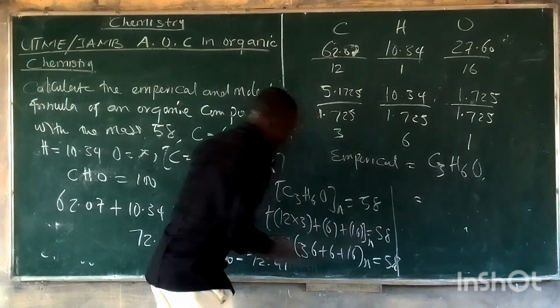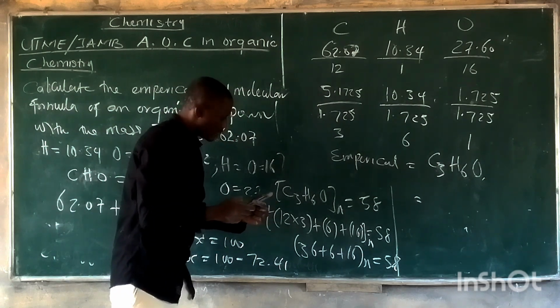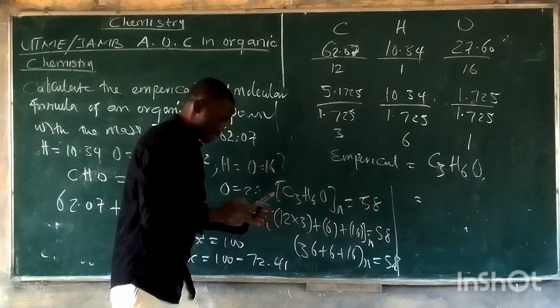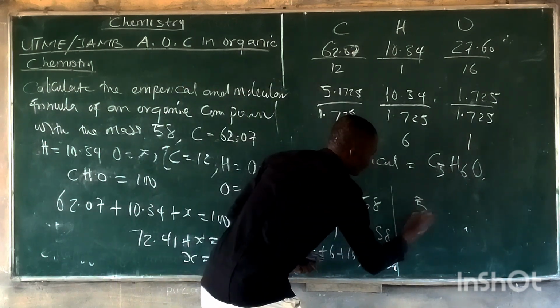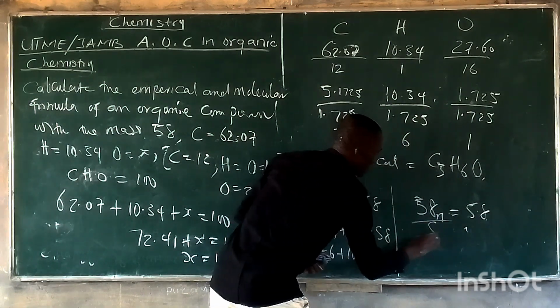So what do I have? Let me add up. We have 36 plus 6 plus 16, sorry, I'm making a mistake, 36 plus 6 plus 16 is equal to 58. So I have 58n is equal to 58.